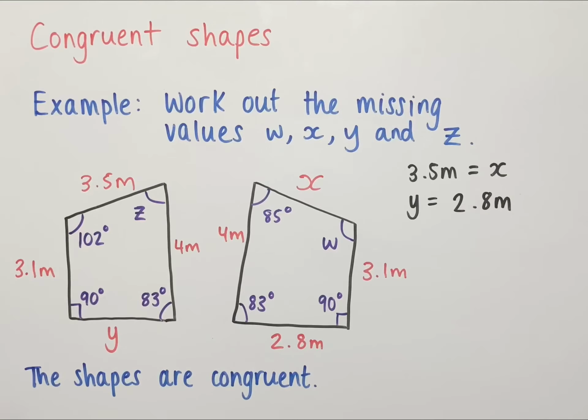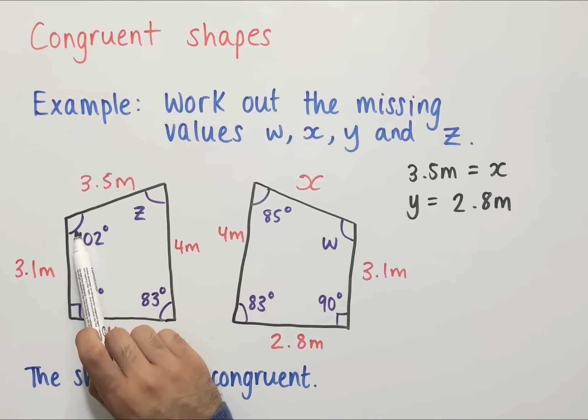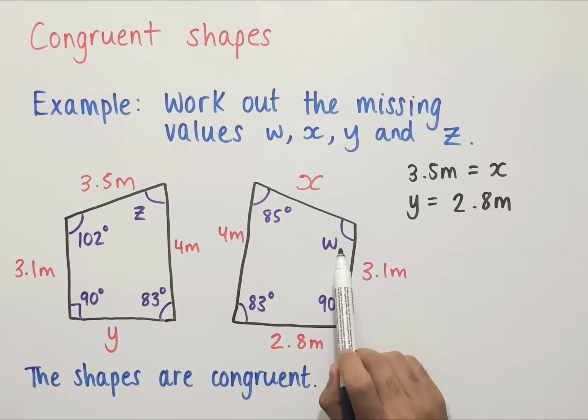We also know that corresponding angles within congruent shapes must be equal. So if we look at the two shapes, we know that this angle is 90 degrees and it corresponds to this angle here, which is also 90 degrees. This bottom right angle is 83 degrees and it corresponds to the bottom left angle in this shape, also 83 degrees. So they're equal in value. And we also know that this angle is 102 degrees and it corresponds with the angle w in this shape here.